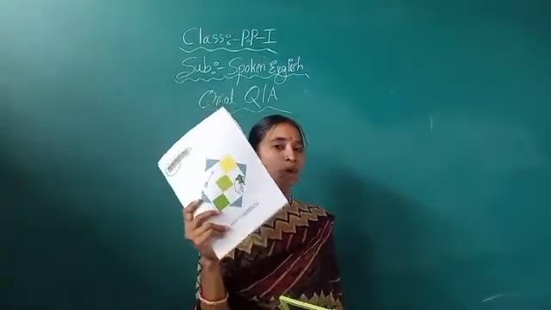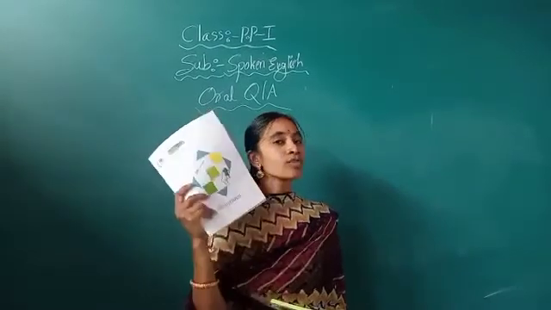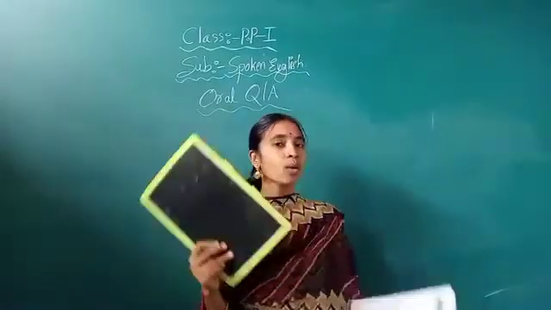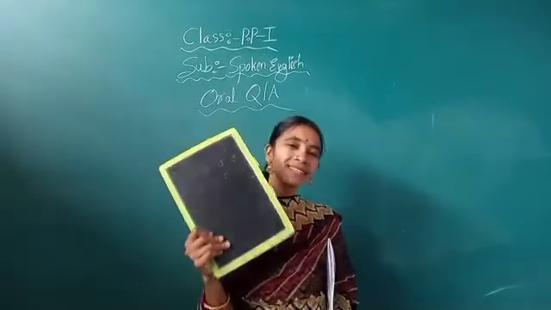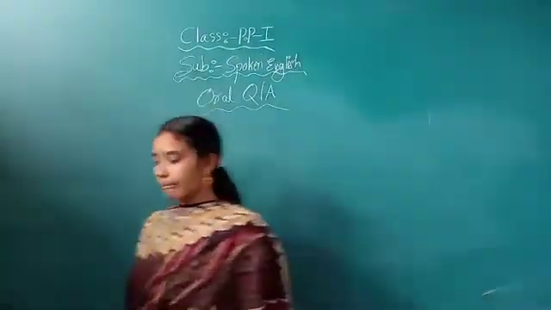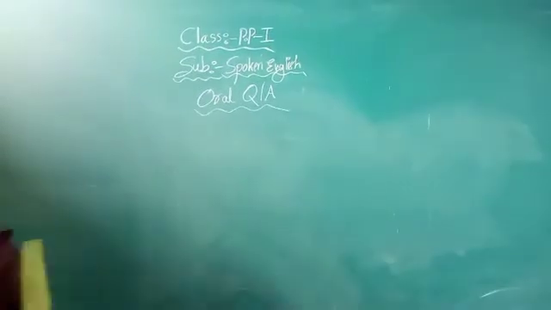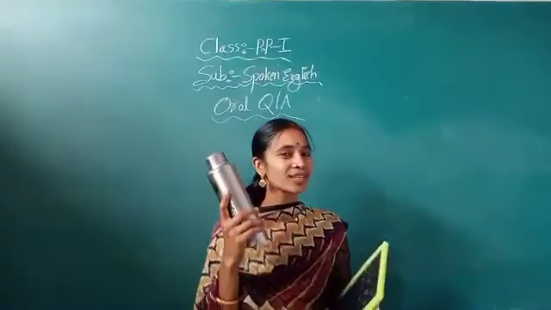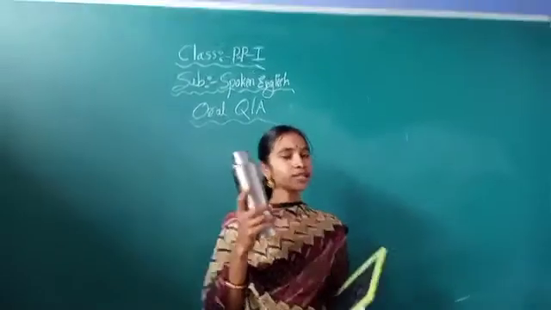This is a book. Come on, say loud. This is a book. Okay. What next? What is this? This is a slate. Come on. What is this? This is a bottle. See, these questions are completed.